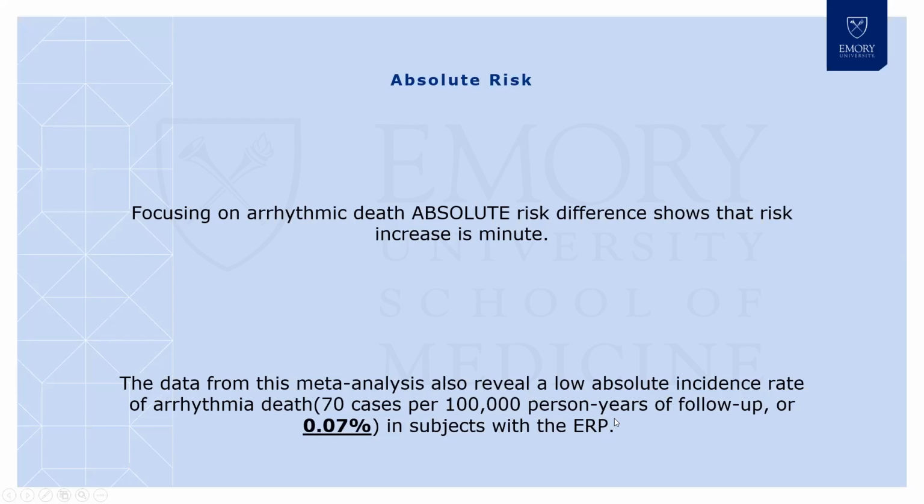And as we'll see later when talking about management, this is really the problem with early repolarization pattern. It is a marker of increased risk of sudden death, but because the baseline risk is so minuscule, even if you have 10 times almost zero, you still come up with a very low number, right? 0.07% per year, it's not a very high incidence.